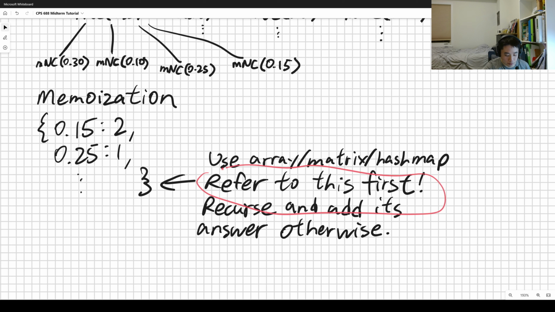If this particular parameter has not been looked up before, you just do the recursion and add the answer to the map, for the other recursions to see. This will drastically reduce the time complexity from exponential to something like linear, potentially. So yeah, that's about it.